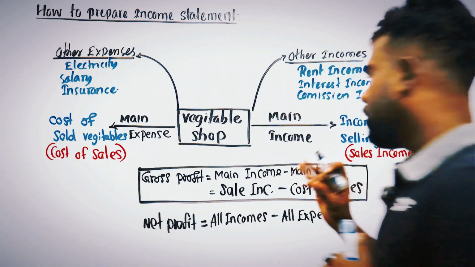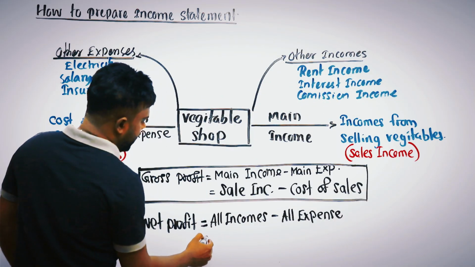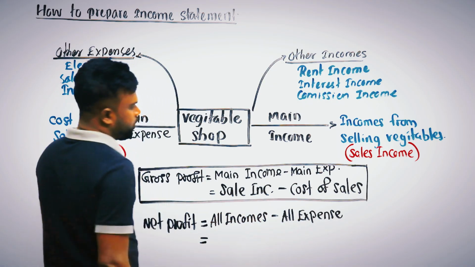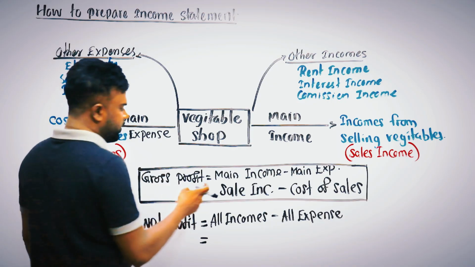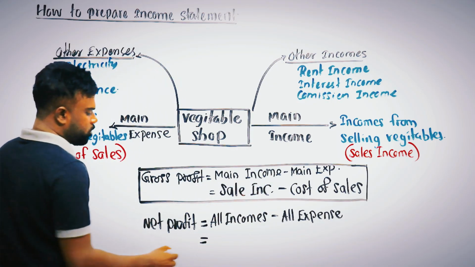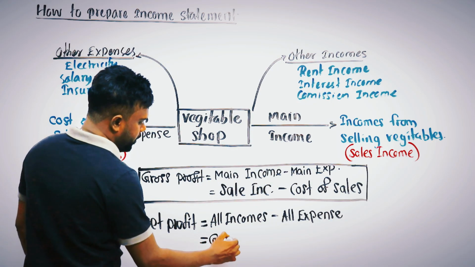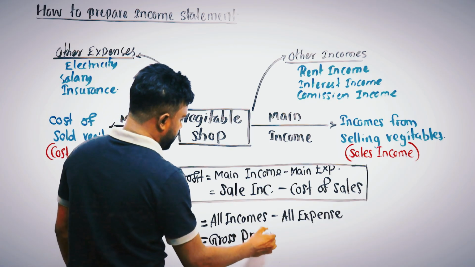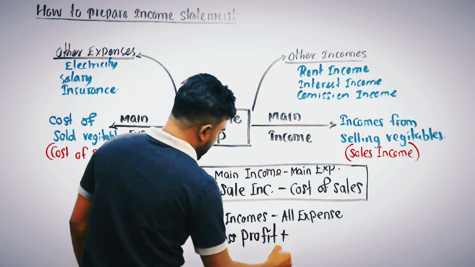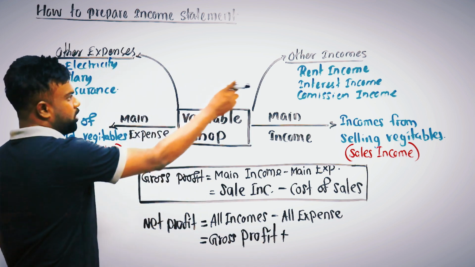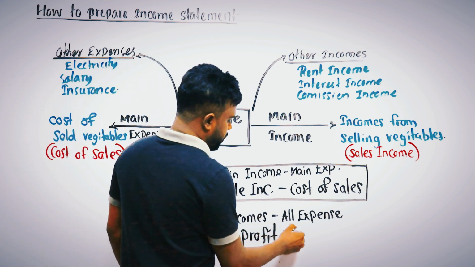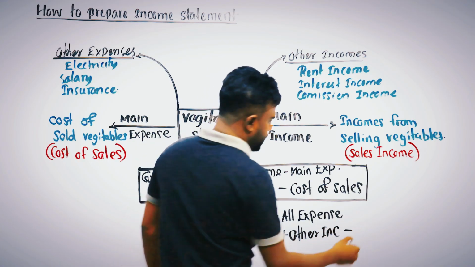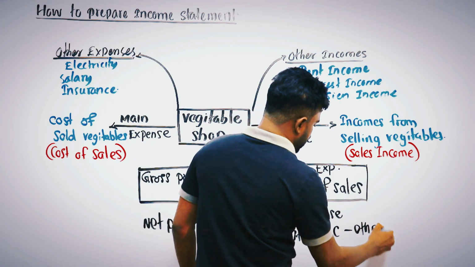All income includes main income, and all expenses include main expense. So instead of these two, you can write down gross profit, the difference between main income and main expense. And here I'll add other income, and minus other expenses.